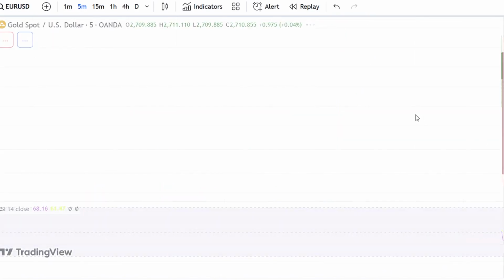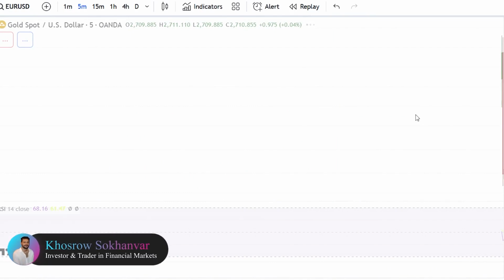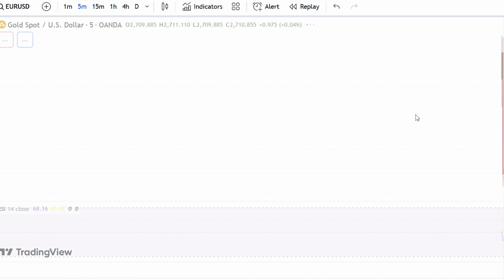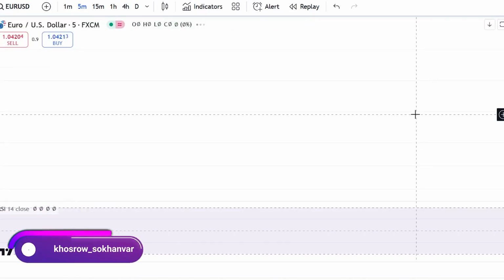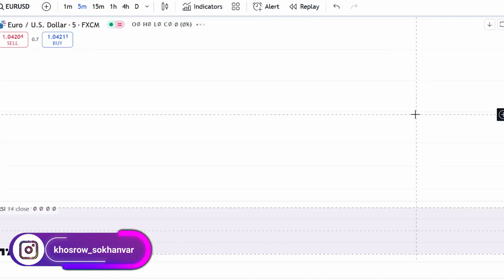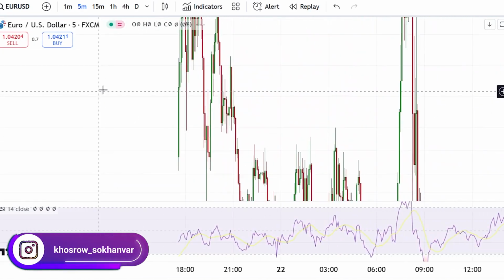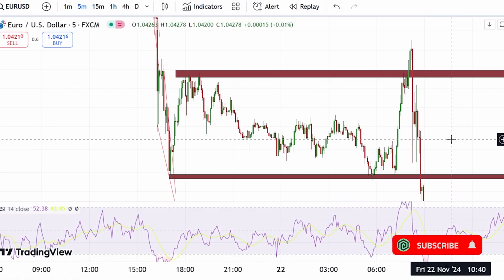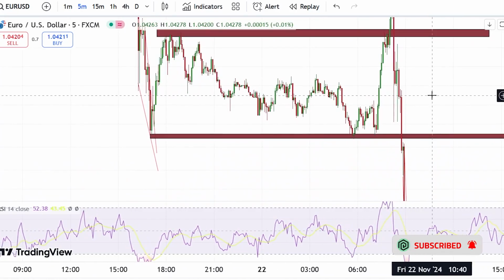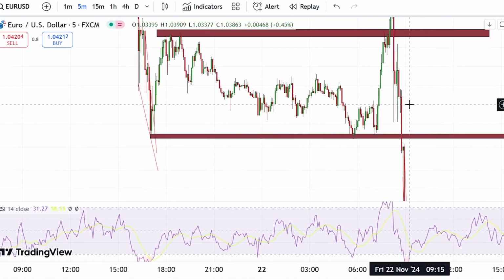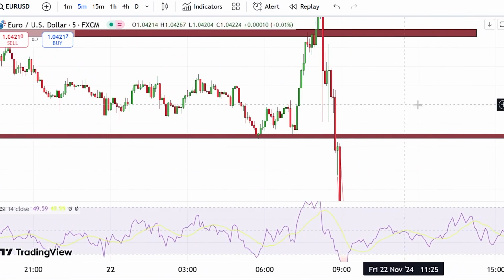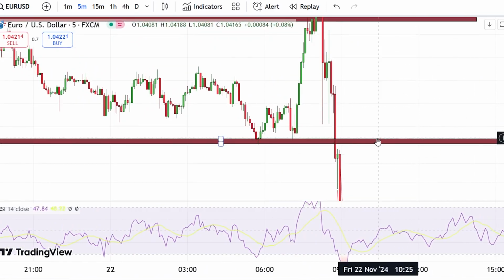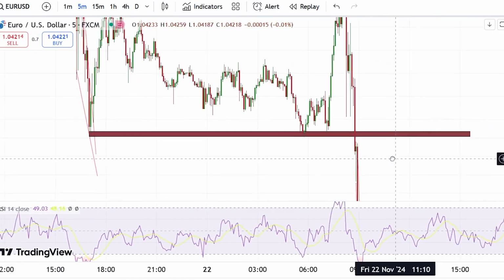Usually in forex pairs like euro USD or other currency pairs, you see more of this phenomenon because they are almost always in range. But in gold or Bitcoin, we might not see them because they are always in trend.